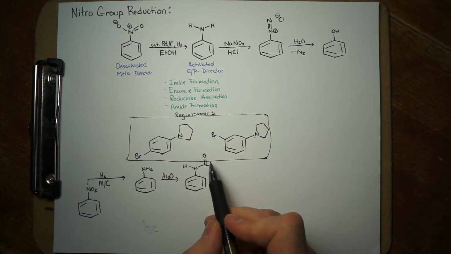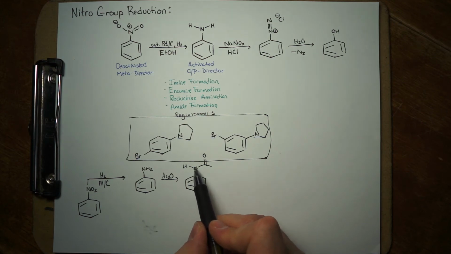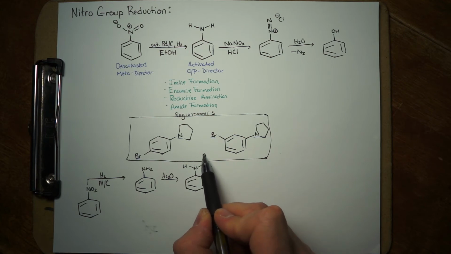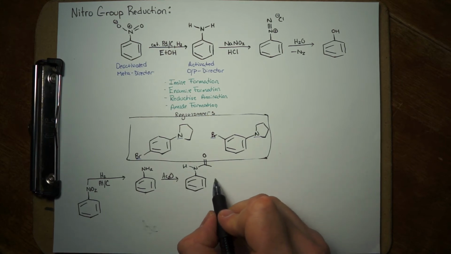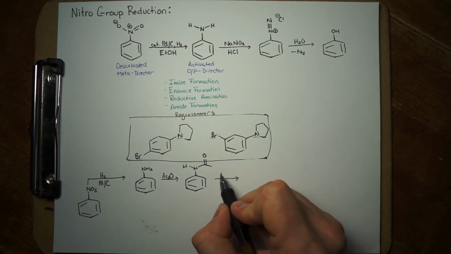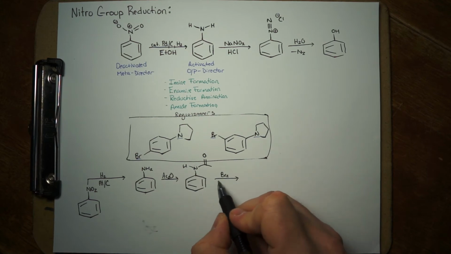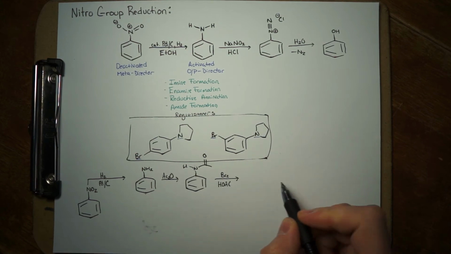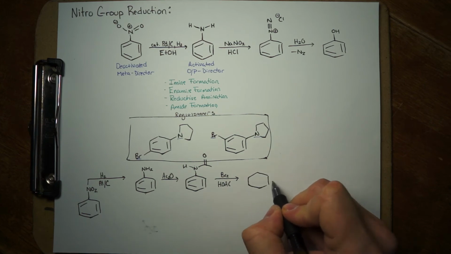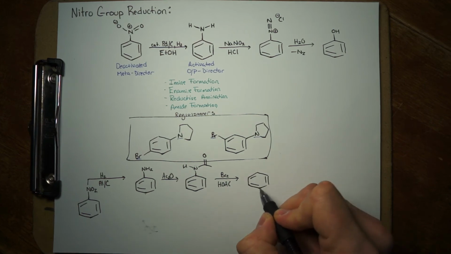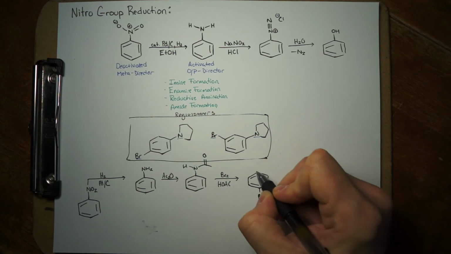And now this acetyl group is removing some of the electron density from the ring, because now the lone pair on nitrogen, those electrons are sharing resonance into the carbonyl and also into the ring. So once we have that acetyl group on there, we can treat with molecular bromine in acetic acid, and that installs the bromine in the para position as the major product.